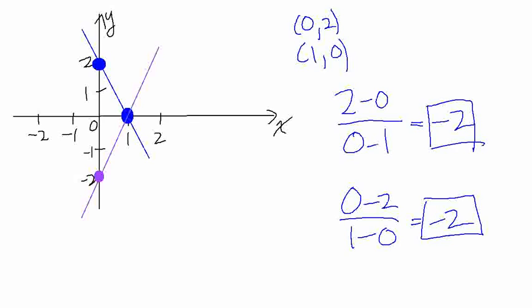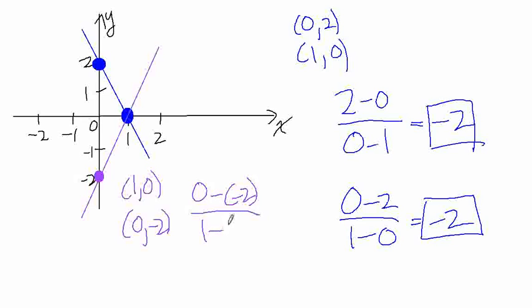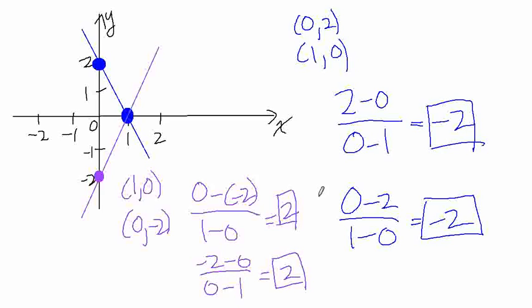So let me list those points: 1, 0 and 0, minus 2. Calculating the slope, 0 minus minus 2 over 1 minus 0 gives 2. And if you did it in the reverse order, minus 2 minus 0 over 0 minus 1, you'll still get positive 2.